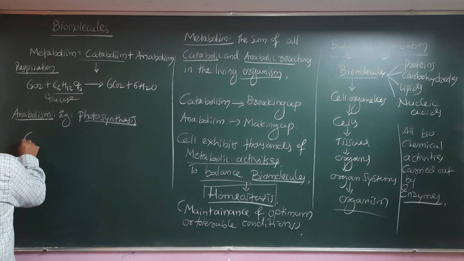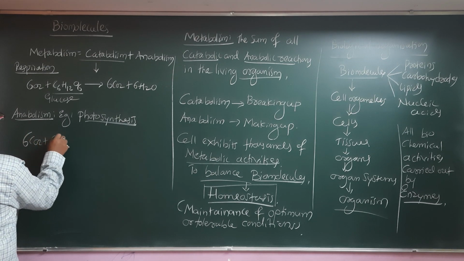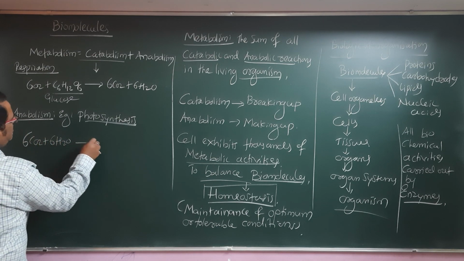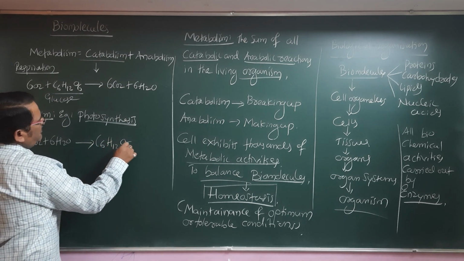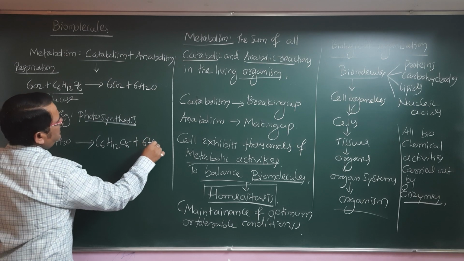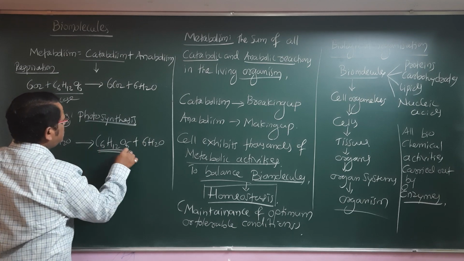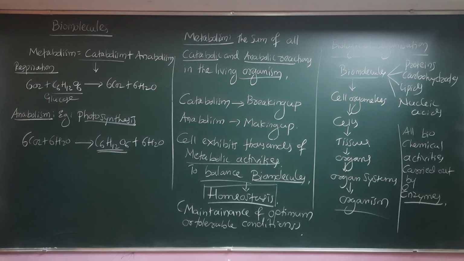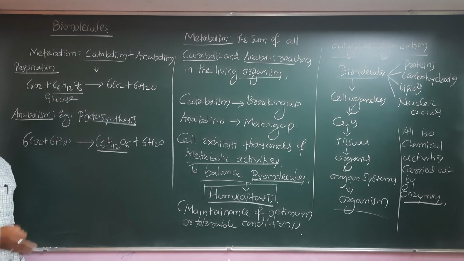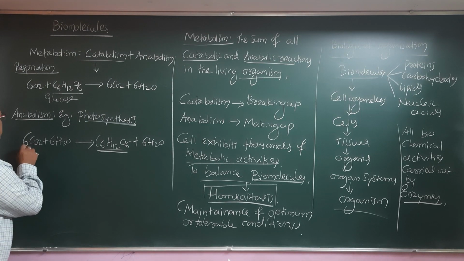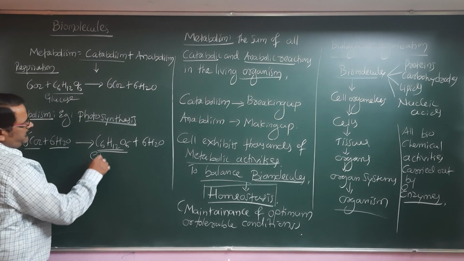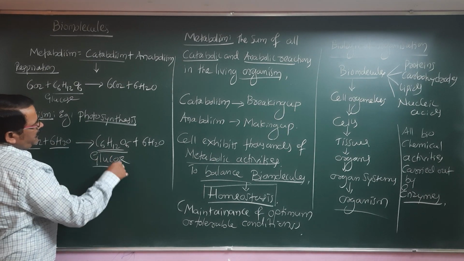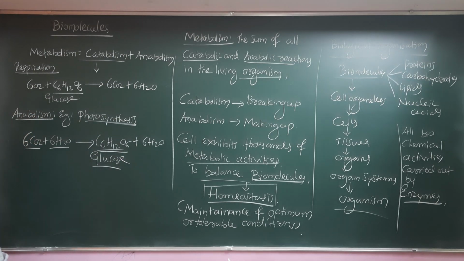Let me tell you. 6CO2 plus 6H2O gives us C6H12O6 plus 6O2. Plants form this in the presence of sunlight with the help of chlorophyll. They utilize the carbon dioxide, they utilize the water, and they form the glucose. So here it is the making of a molecule. That's why we say it is anabolism.